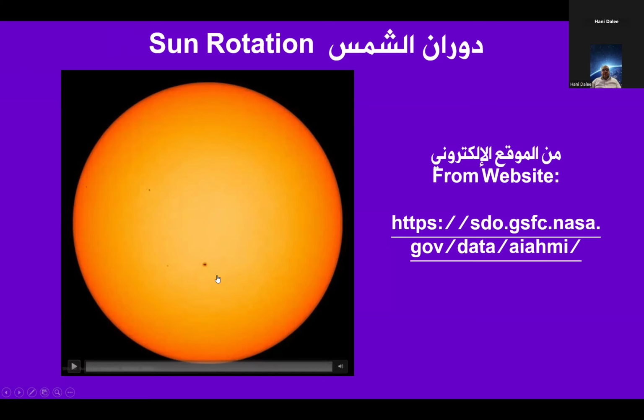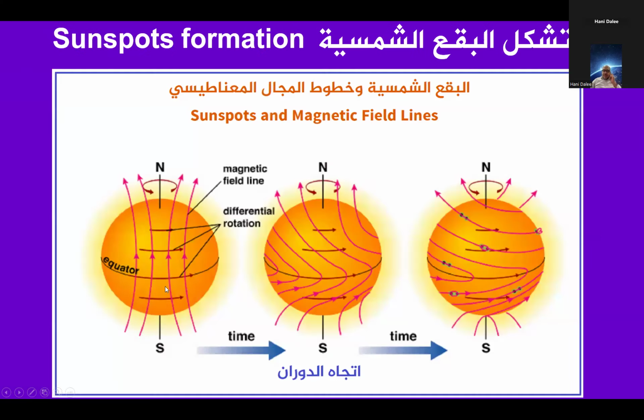Differential rotation means that because the sun is rotating and is not a rigid body, it rotates at the equator faster than at the poles. That makes the magnetic field lines rotate faster as well at the equator.